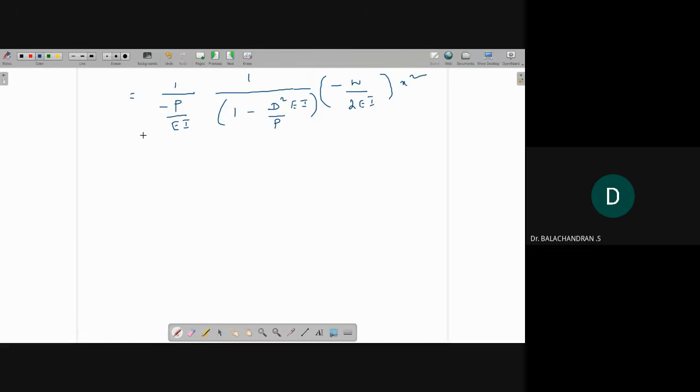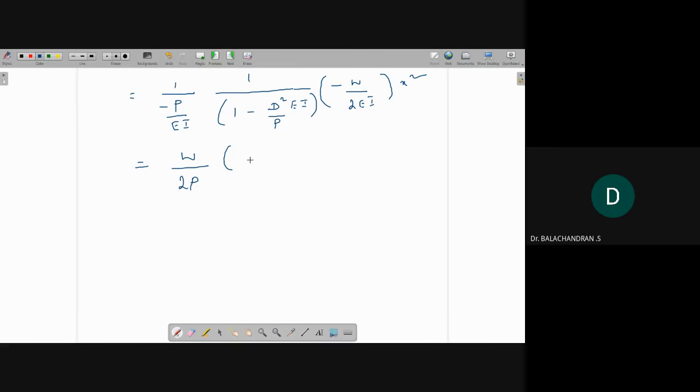So I think you can write this: EI gets cancelled, EI gets cancelled, minus into minus is plus. W by 2P is a constant.